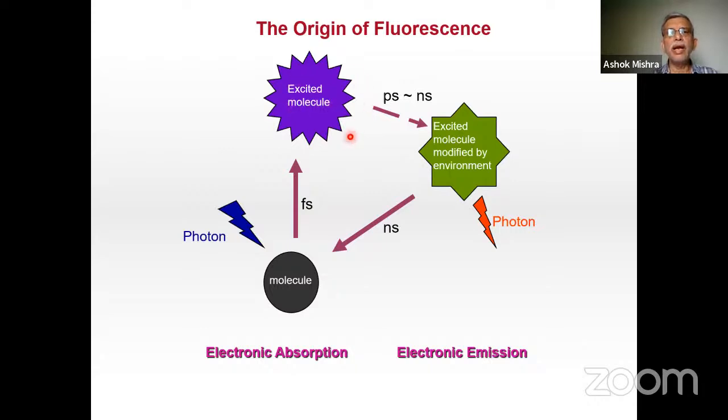So it will interact with its neighborhood, with all the molecules around it, quickly go to a more stabilized state, and then come back. Time scales are important here. It goes up very fast, in a femtosecond time scale, extremely short. When it interacts with its neighborhood, which is called the relaxation process in the excited state, it takes around picosecond to nanosecond time scale. And then there is an emission, which happens in a nanosecond time scale.